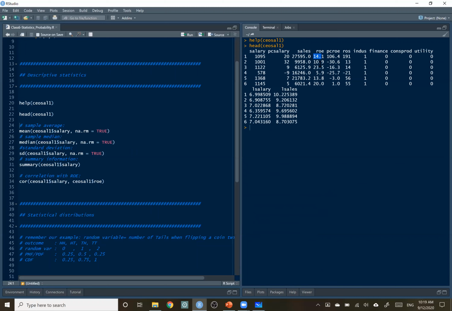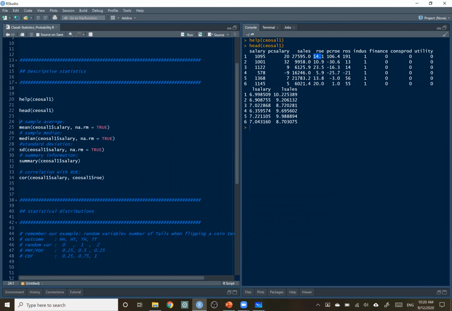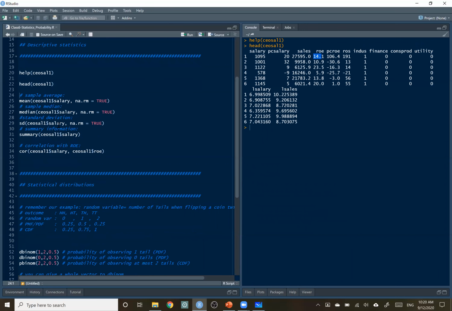So maybe the higher the equity, the higher the salary. But these are the questions that we're going to answer with econometrics. So let's quickly use some descriptive statistics, the functions mean, standard deviation, median, and so on. And we will get back to these interesting questions down the road when we learn the theory of econometrics.